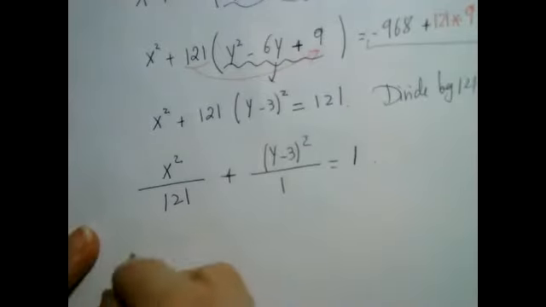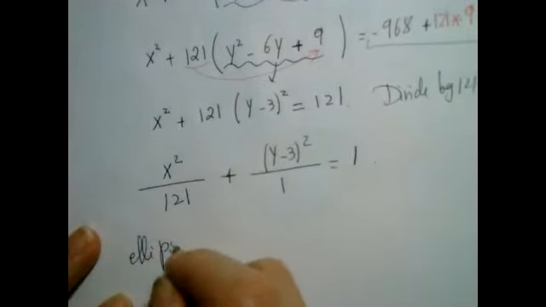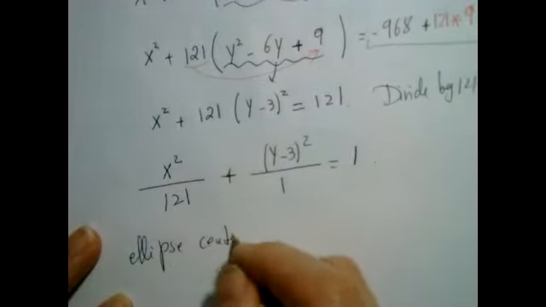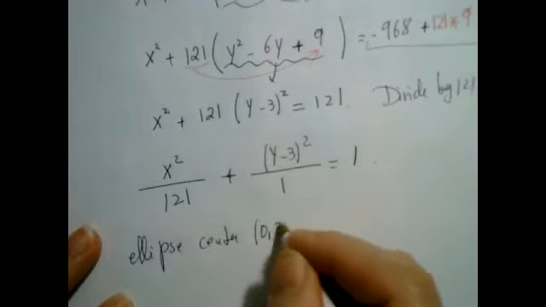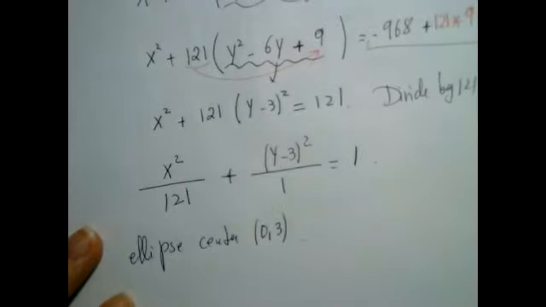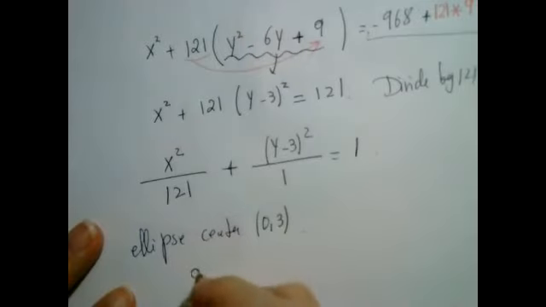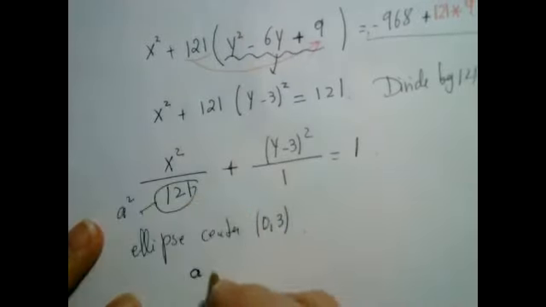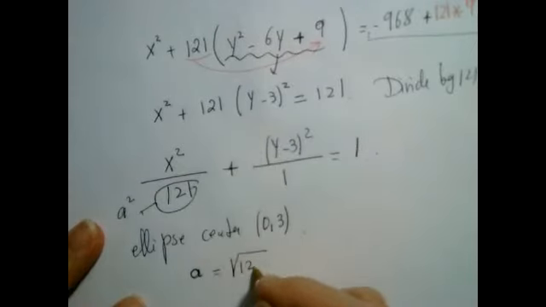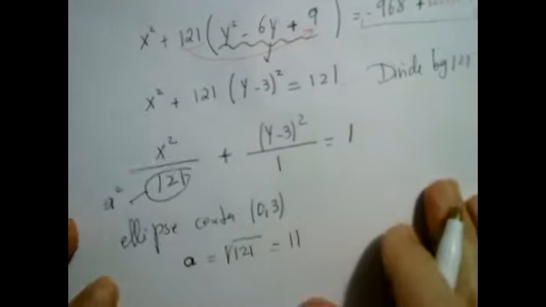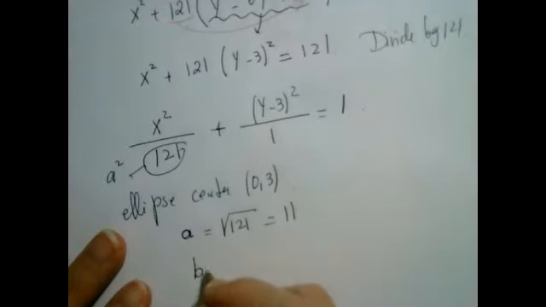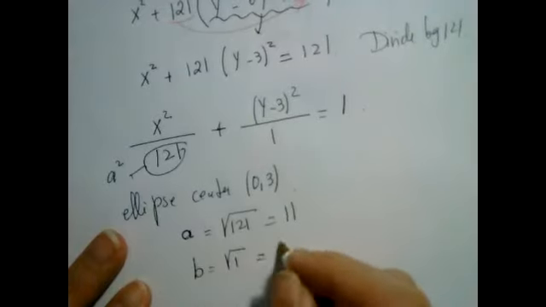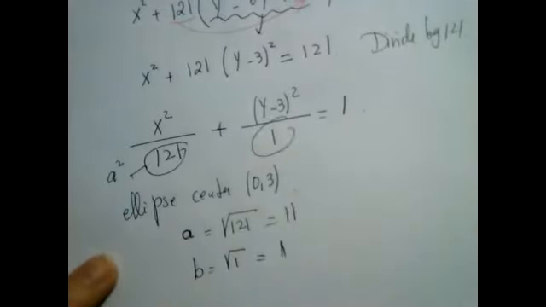So finally, this is an ellipse. The center is 0, 3. That's the center. My a squared is 121, so my a is going to be the square root of 121, which is 11. And my b will be the square root of 1, which is 1.